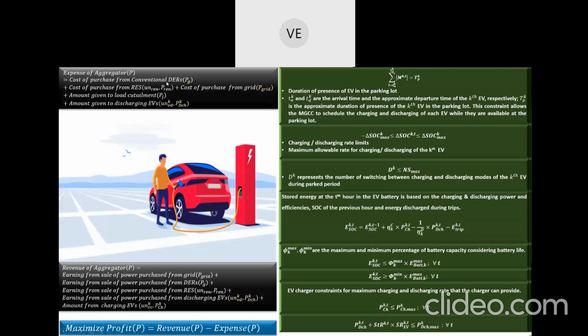Now, there can be uncertainties in this particular power. That is why one more variable is included here, UN REN, uncertainty in renewable energy. So P REN can move to both sides. Suppose your forecast is 5 kilowatts.